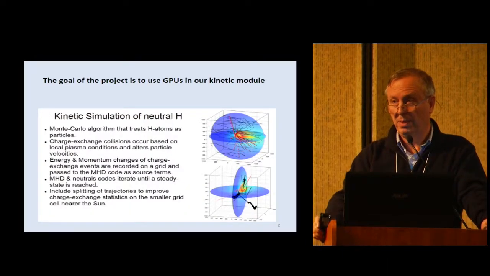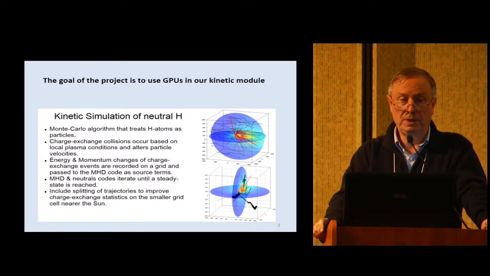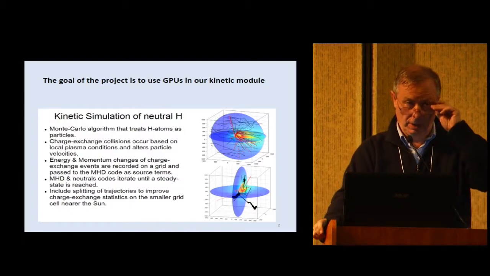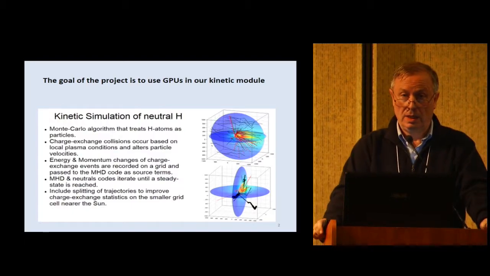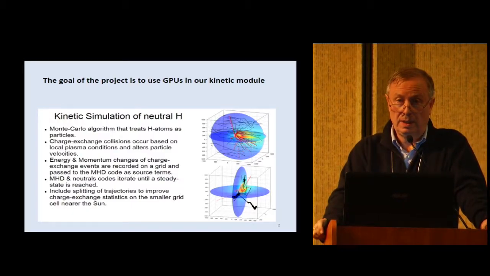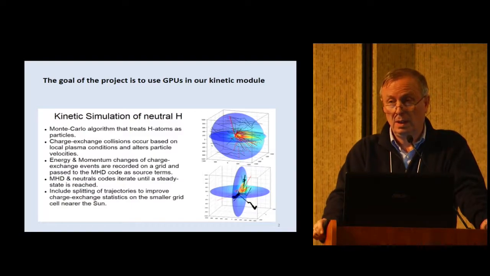The goal of the project was pretty simple. MS Flux, in its most advanced version, solves the Boltzmann kinetic equation coupled with MHD equations for plasma, but we solve the transport of neutral particles kinetically.